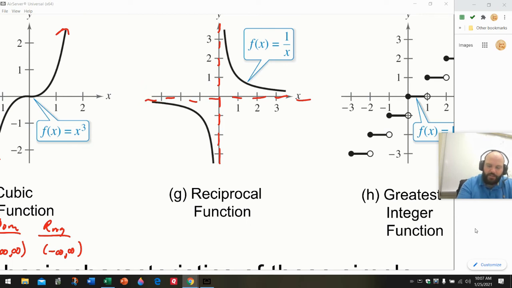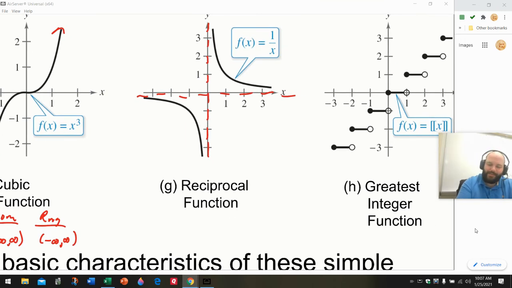So it never actually reaches the x-axis and it never reaches the y-axis. So there's a gap there when x is 0 and when y is 0. And the reason being is, the most basic reason is x cannot be 0 in this function. Because if you do, you'll be dividing by 0, and then that violates a pretty basic math law, which is you're not allowed to divide by 0.